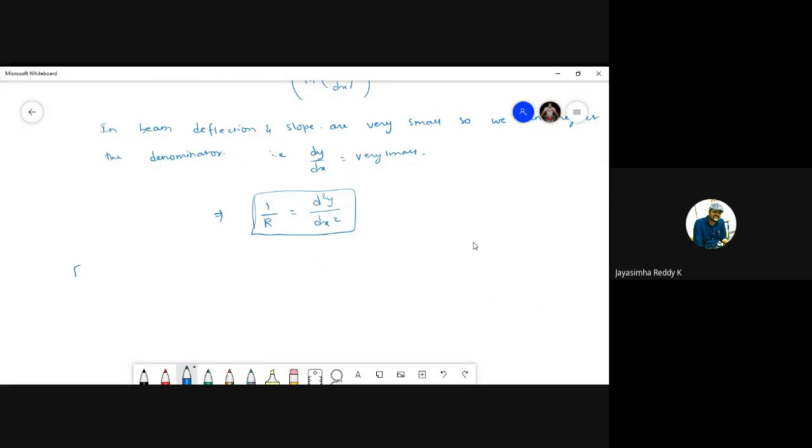So from bending equation, students, as the beam is undergoing bending, from bending equation 1 by r can be written as, we have got bending equation like this: E by r is equals to m by I is equals to sigma by y, right? Is it right? So if you consider only this, students, if you consider only this implies 1 by r is equals to m by EI. So let us substitute this, students.